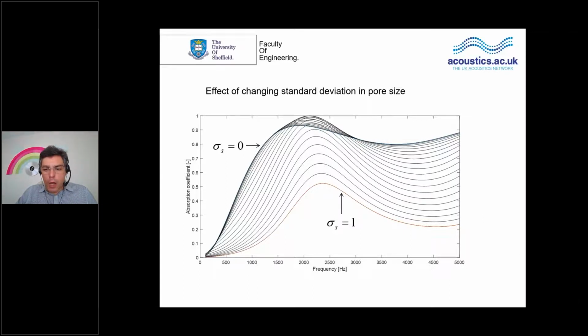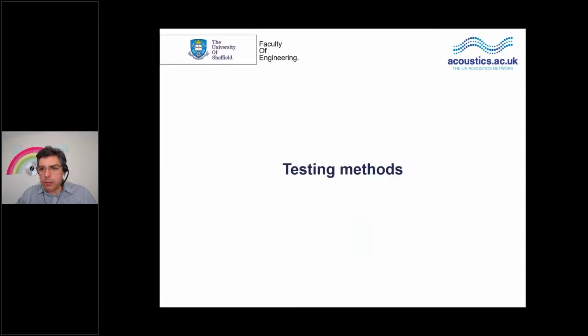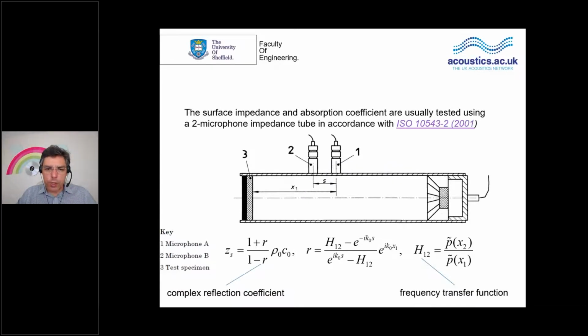Okay, how do we test these materials? There are a few methods, and to be honest, maybe I'll just show you briefly. There is the 2-microphone impedance tube method, which is standard.